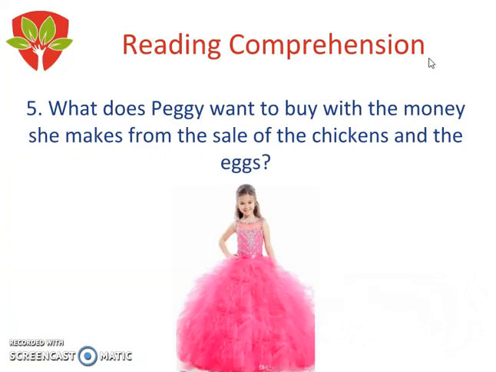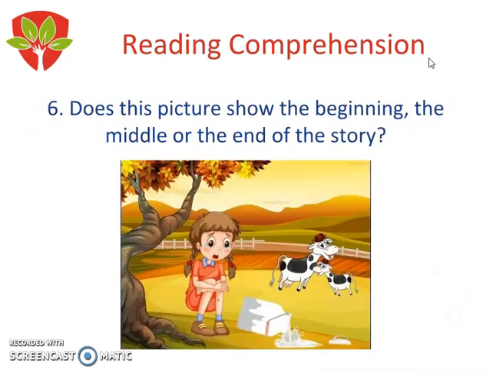Number 5, what does Peggy want to buy with the money she makes from the sale of the chicken and the eggs? Look at the girl. The girl has a beautiful what? Okay, let's move on.